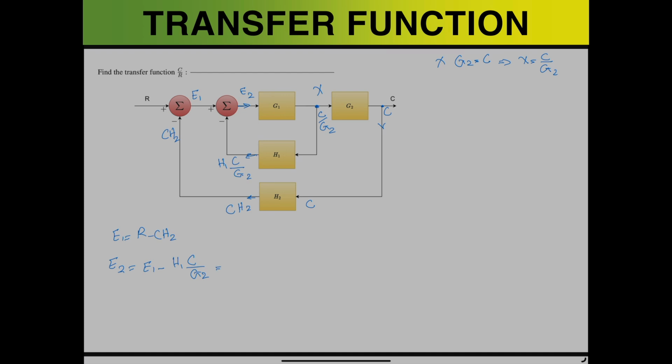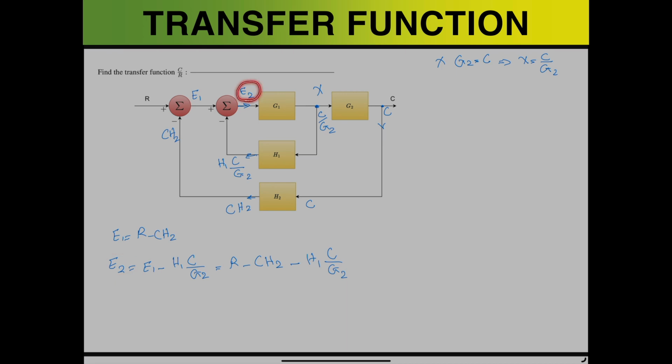Now I can further simplify this by replacing E1 with this one, because we want the intermediate nodes. So E1 is R minus CH2, minus the rest of the equation, which is H1C divided by G2. So now we have E2 over here.